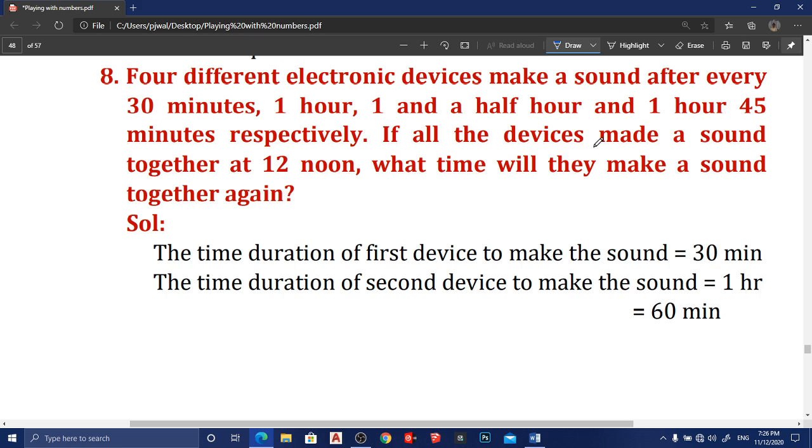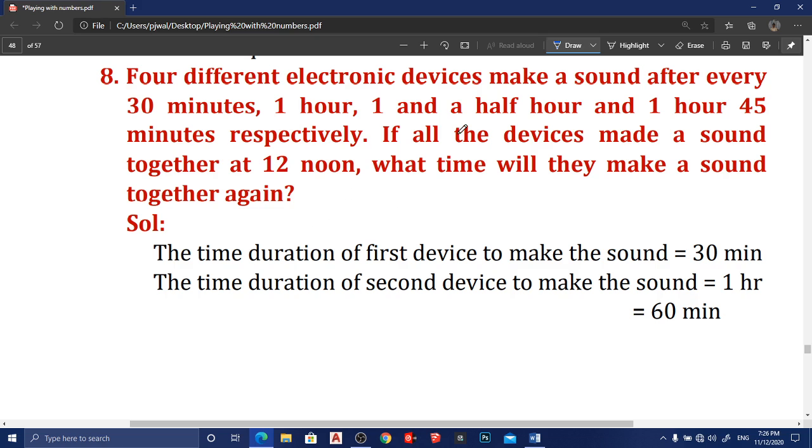If all the devices made a sound together at 12 noon, then at what time will they make a sound together again?